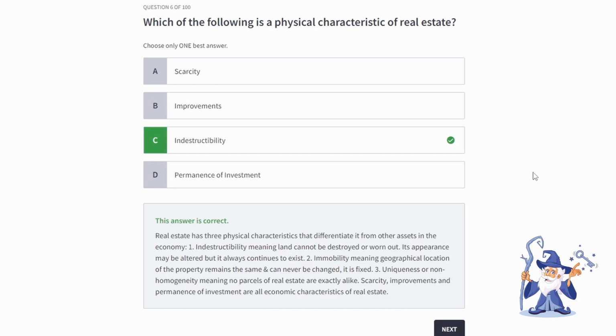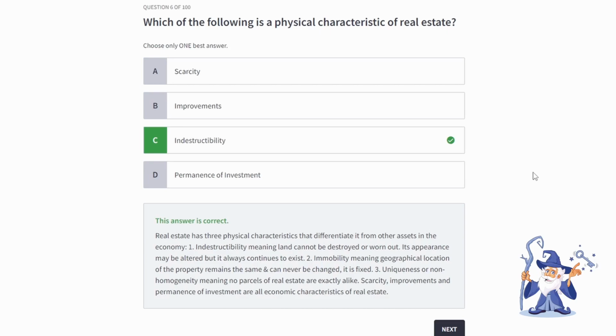Its appearance may be altered, which again, that's kind of what we were talking about earlier, but it's always going to continue to exist. 2, immobility, meaning geographic location of a property remains the same and it can't be changed. It's fixed. And then 3, uniqueness or non-homogeneity, meaning no parcels of real estate are exactly alike.